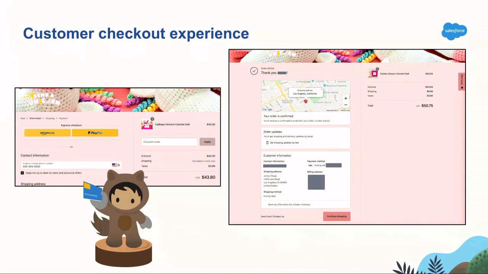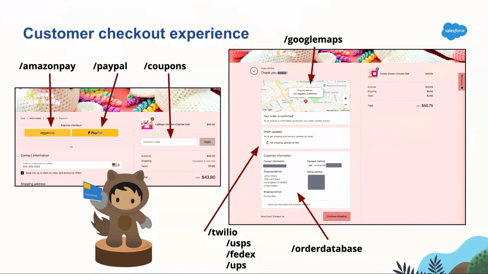But as a developer, you all know what we're thinking about. We're thinking about how all these different things are different APIs. Obviously, this is using a ton of different systems, right? The PayPal button and the Amazon button, that's a separate API. Then, if you enter a coupon code, those coupons are maybe stored on a database somewhere that the store is maintaining, and you need to access them to make sure they're still valid.